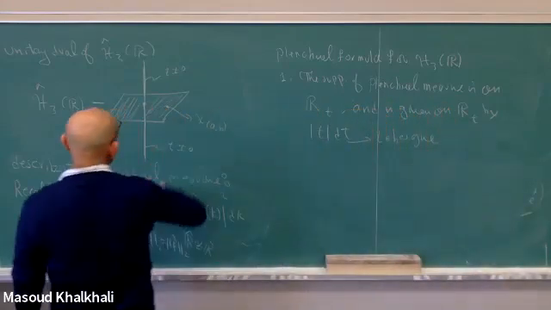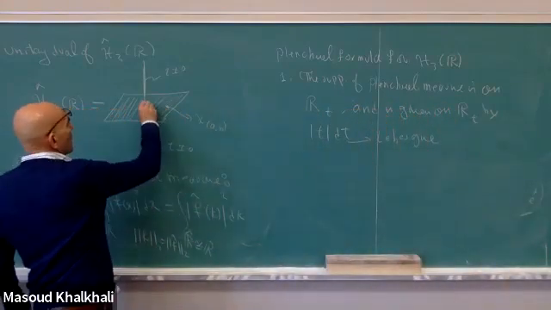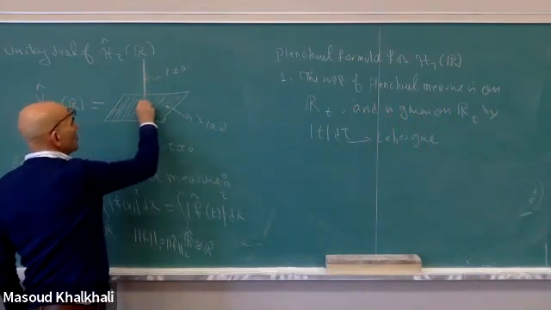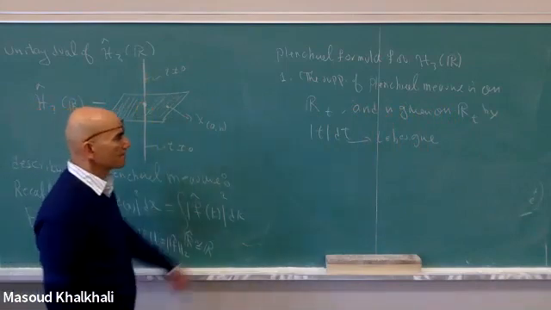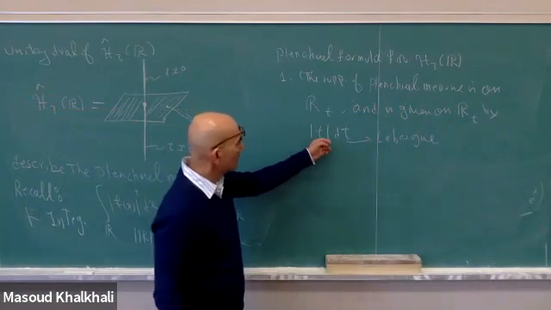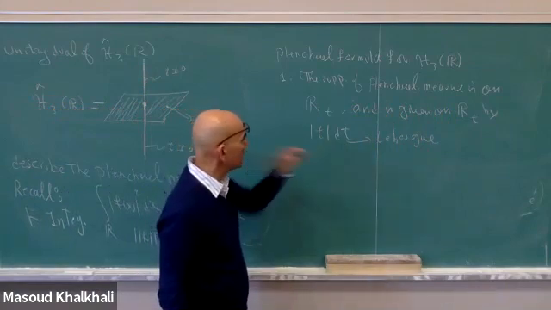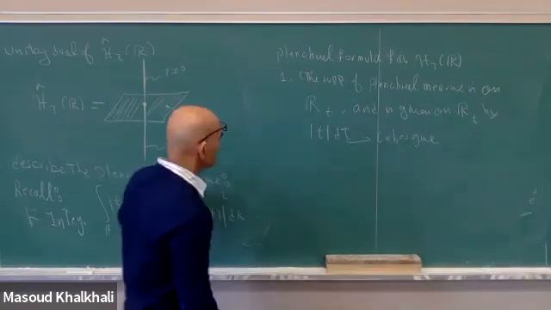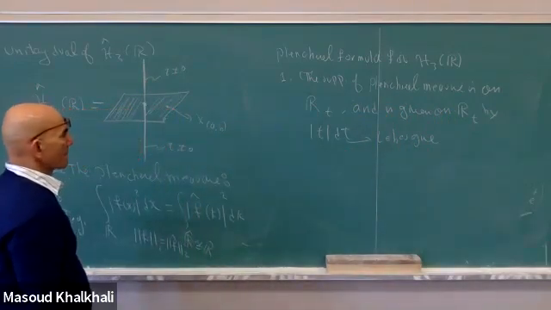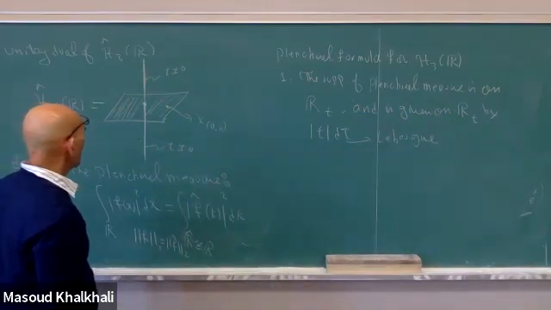So what does this result mean? It means that over here you have to choose a different weight function, not one, but this absolute value of t times Lebesgue measure. Okay, so that's one thing.